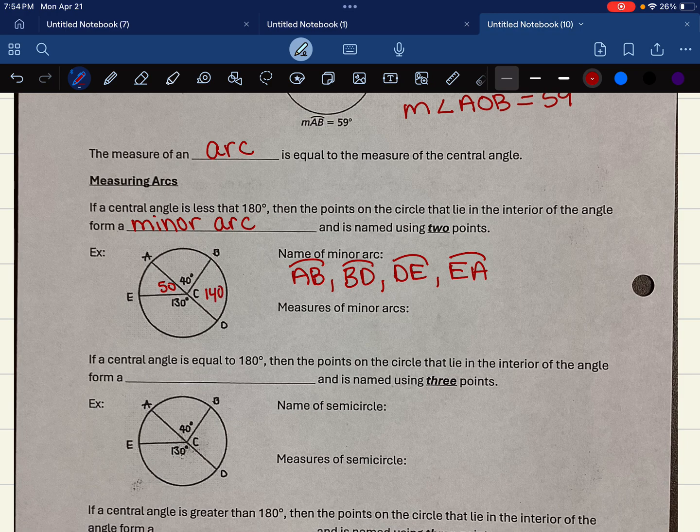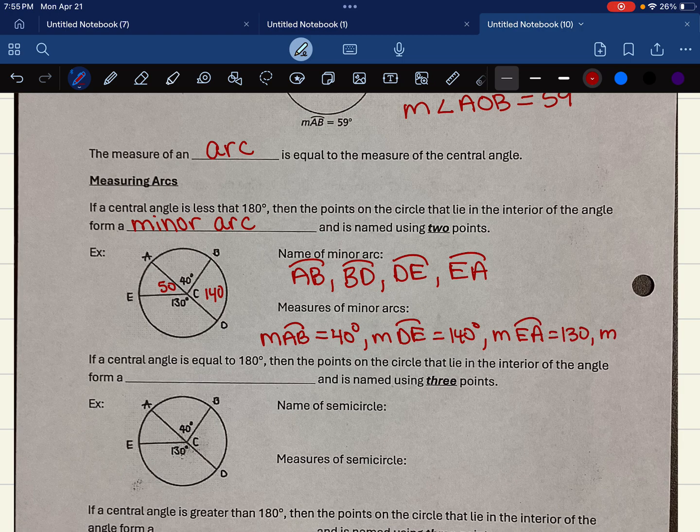So once you have the degree of all those, then we can name each arc, right? So we started with AB. The measure of arc AB is equal to 40 degrees. The measure of arc DE is equal to 140. The measure of arc EA is equal to 130.